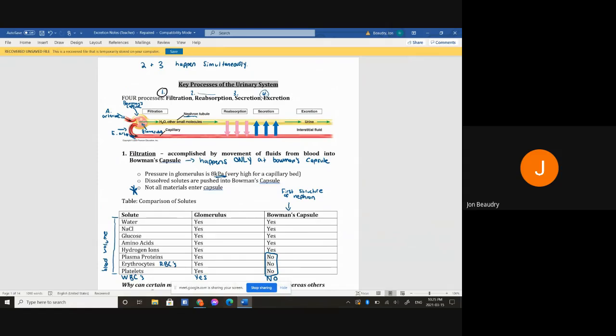These processes in the middle, 2 and 3, reabsorption and secretion respectively, happen simultaneously, which means at the same time, inside various portions of my nephron, whether it's my tubules or my loop of Henle or even my collecting duct. There is reabsorption and secretion that happens in all 4 of those structures. That's what we're going to learn about today.